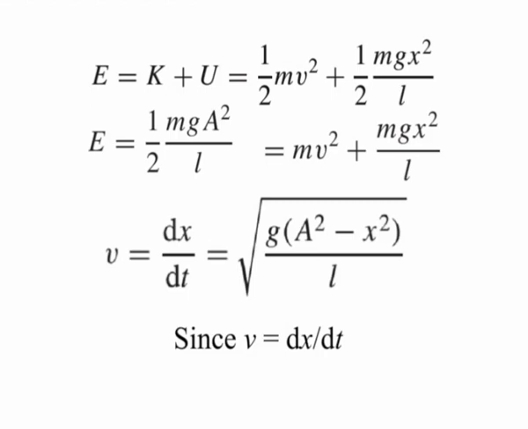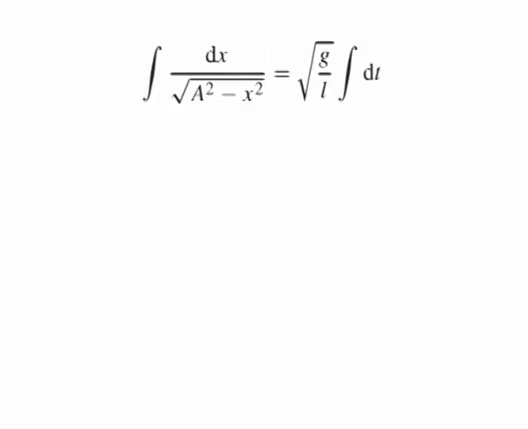Since v = dx/dt, we have the integral of dx/√(a² - x²) = √(g/L) times the integral of dt.